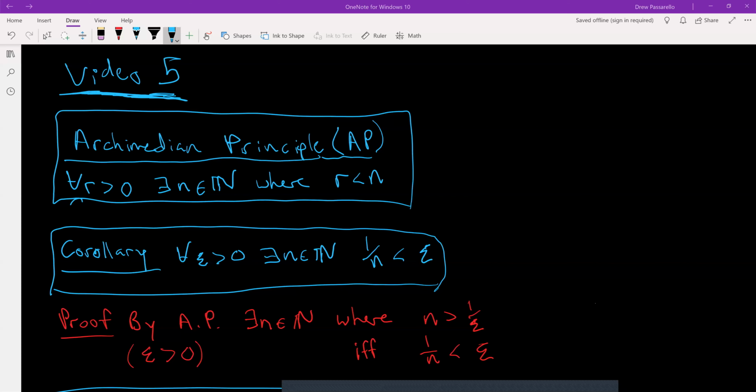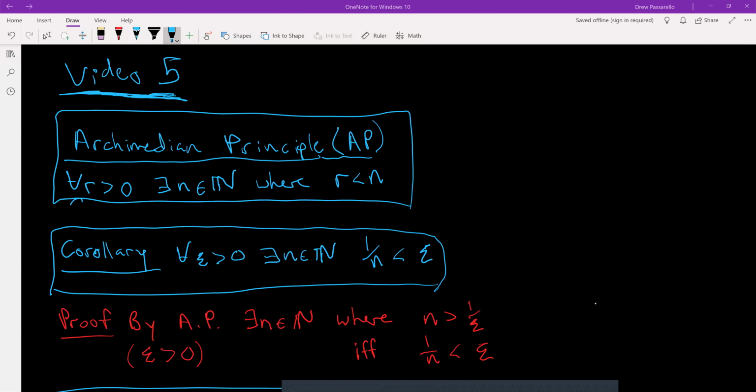There's a corollary to it, and the corollary states that for any epsilon greater than 0, there exists a natural number n such that 1 over n is less than epsilon. For the proof of that corollary, I just applied the Archimedean principle. By the Archimedean principle, there exists a natural number n such that n is greater than 1 over epsilon, where 1 over epsilon is the real number in this case.